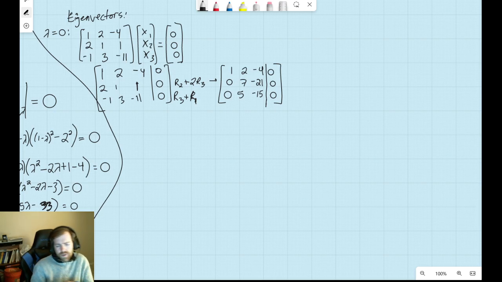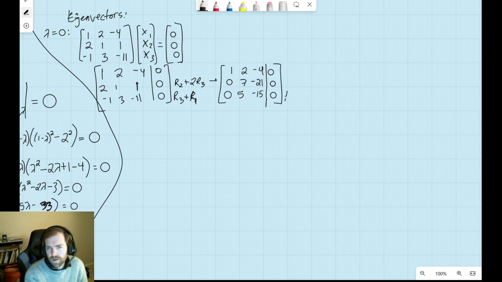Interesting. So we should be getting something that's linearly independent, but those last two are showing me that this is linearly dependent. That's going to be a problem. So it's supposed to happen like this, and it's fine. All right, let's see where it takes us.